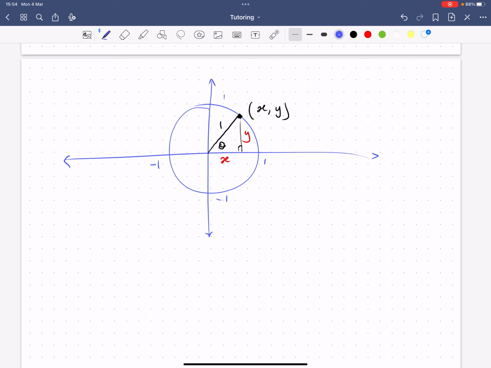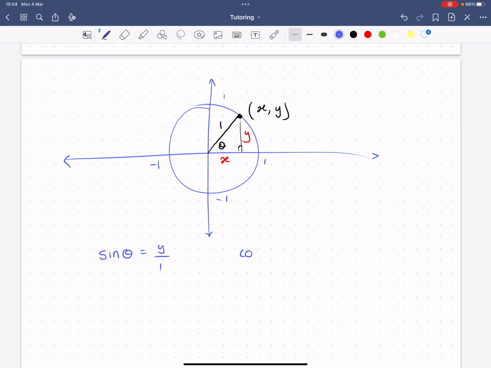Well, if I call the angle theta, I know that sine theta, which is opposite over hypotenuse, would be y over 1. The reason the hypotenuse of this triangle is 1 is because this is a unit circle, a circle with radius 1. So no matter where I am on this circle, my radius is always 1.